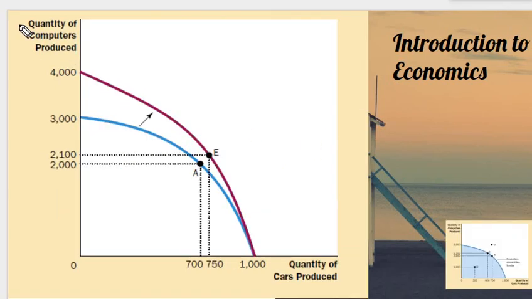So this one is the same diagram, as you can see, with a very minor change. There has been a minor shift, and now a new frontier has been created where you can actually produce 4000 computers instead of 3000. Now what could be the cause of this?